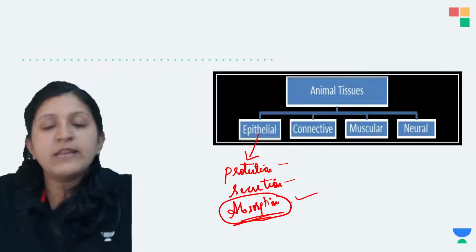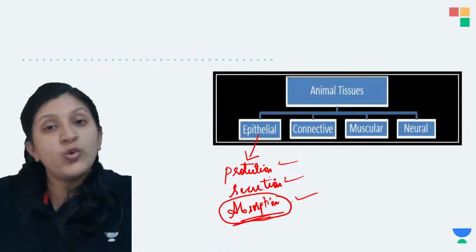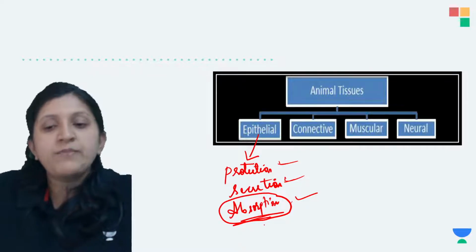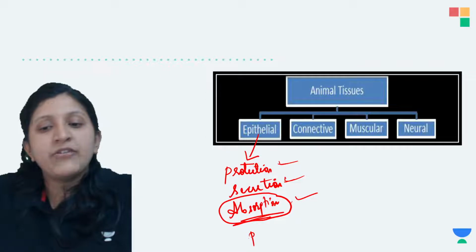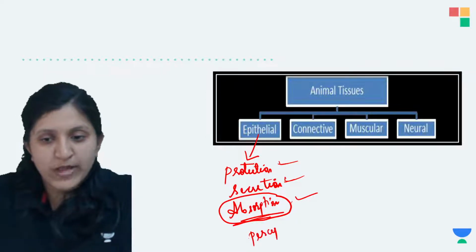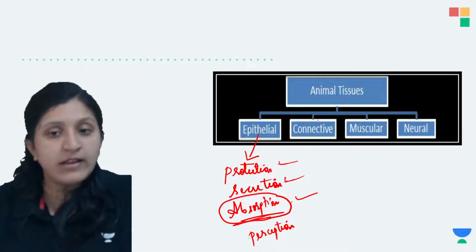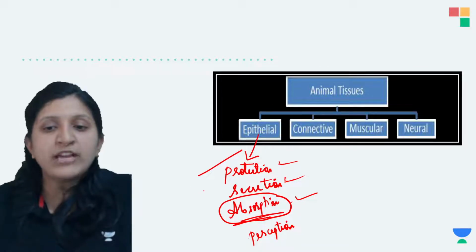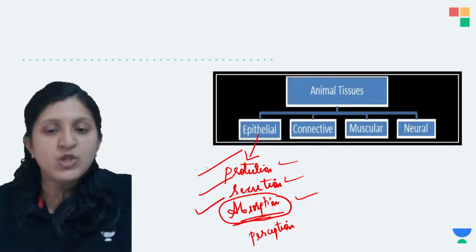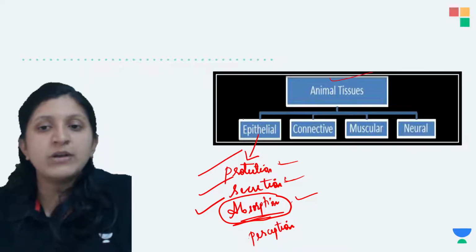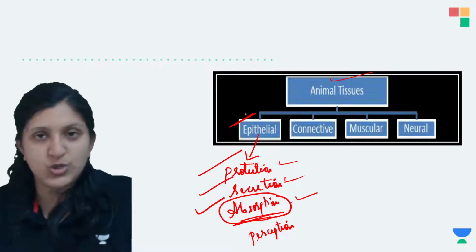So these three are the main functions. Some epithelial tissues have a neural ending also, which we call a specialized epithelium, and that has a function of perception as well. Otherwise, regularly, protection, secretion and absorption are the three main functions associated with the animal tissue, mainly the epithelial tissue.